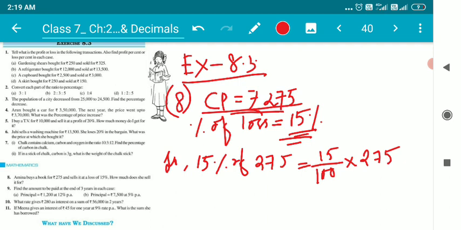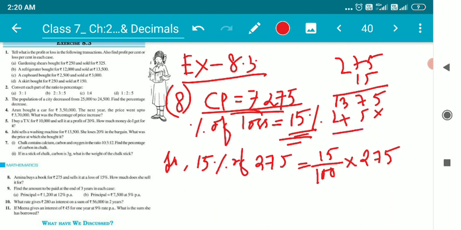I will prefer to go for multiplication instead of cancellation. So let us multiply 275 with 15. What comes? 5 5s are 25, 5 2 will be carried, 5 7s are 35, 37, 7 will be here, 3 will be carried, 5 2s are 10, 13, into 5 1s are 5, 7 1s are 7, 2 1s are 2.